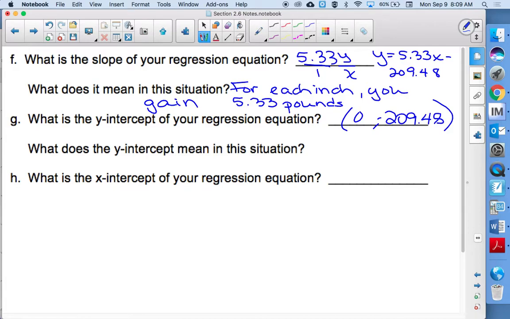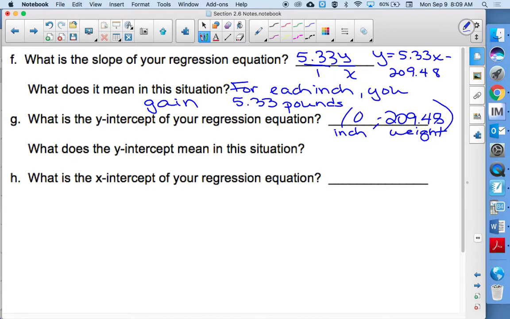So remember, what's the x represent? Look in your table, Josh. What's the x represent? When you're 0 inches tall, the weight is negative 209.48. So the 0 represents our inches.